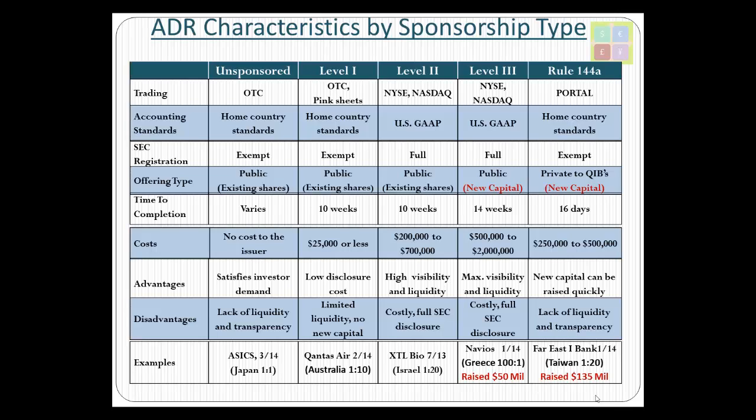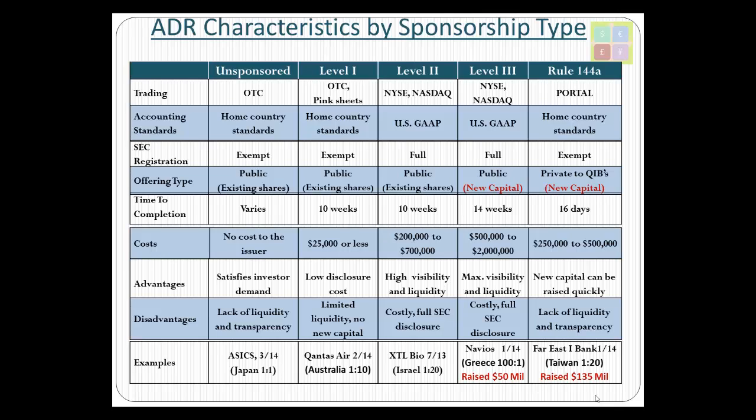So when you combine 10 of them to make one ADR, the price becomes $20, $30, or $40 or $50, which is the trading range that is common in the United States. If a share of $2 is issued in the United States, investors in the United States may not value that share that much.